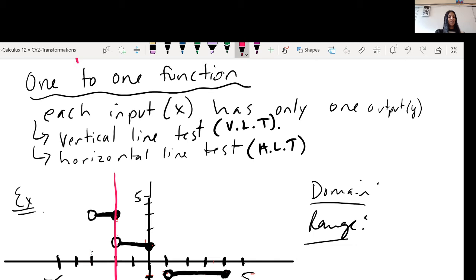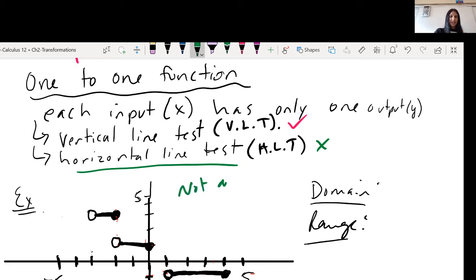So technically at this pink vertical line, it doesn't actually cross. So it does pass the vertical line test at every point on this graph. But if I were to do a horizontal line test across here, I don't even have to actually do it. I can tell right here, there's a problem. That's an actual section of a horizontal line. It doesn't pass this. So this is not a one-to-one function.